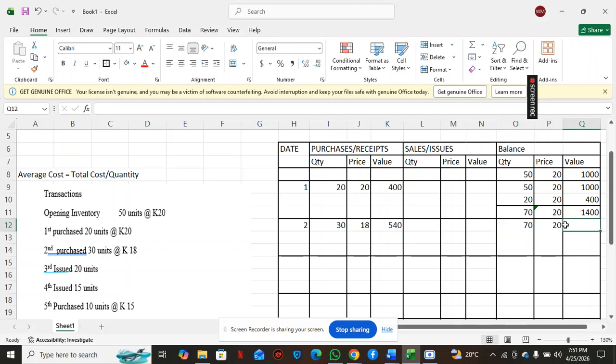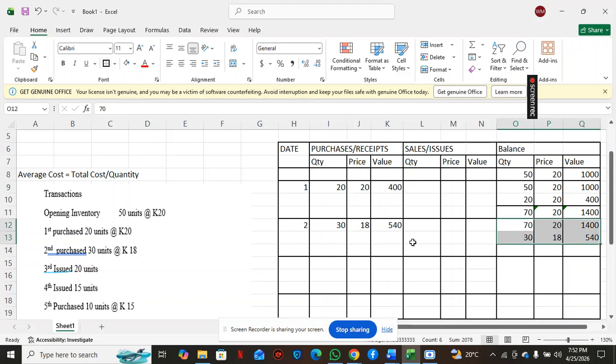That's the average cost. Then you bring in 30 units valued at 18 kwacha each. Total value of these units, 540 kwacha.